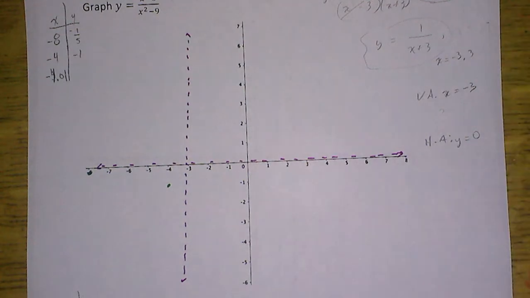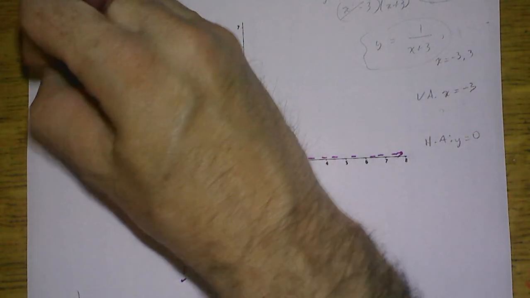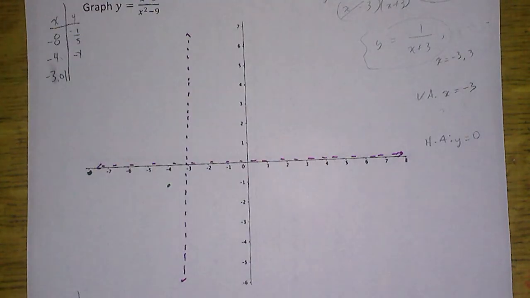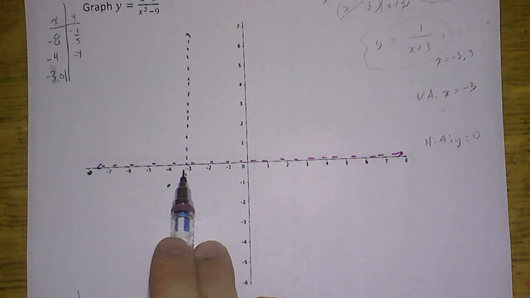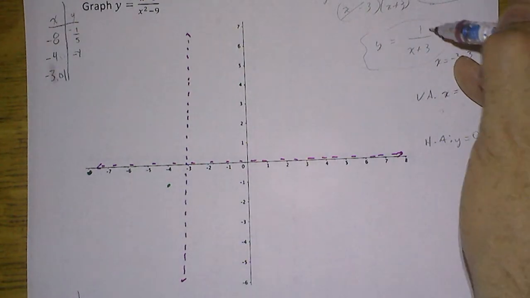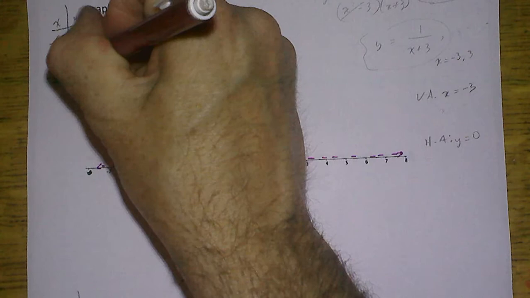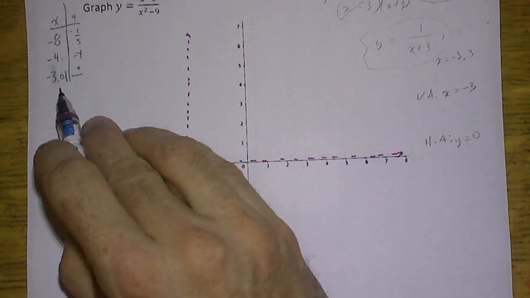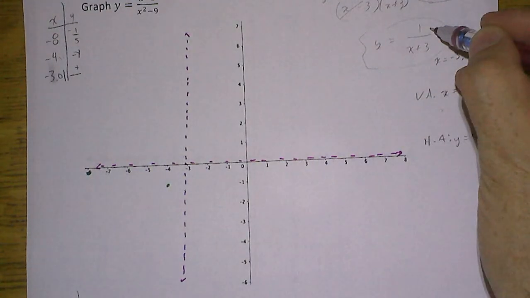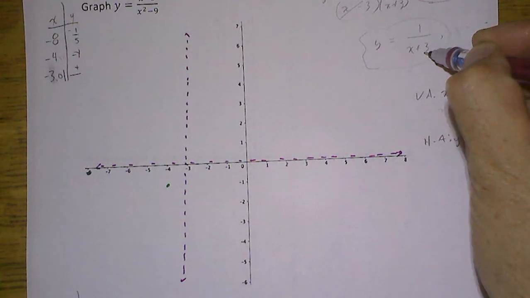Pardon me, I made a very significant mistake here. This should be negative 3.01. Very close to the asymptote, but just on the negative side of it. What I notice is that if I plug in that x value into here, my numerator still stays at positive 1. But my denominator is going to be negative.